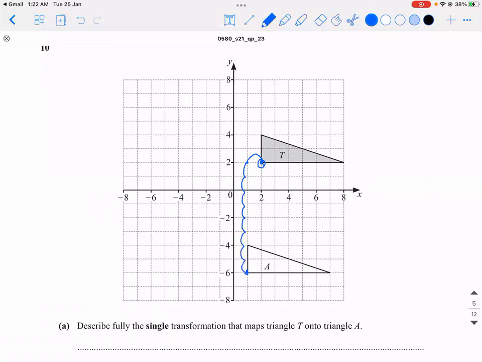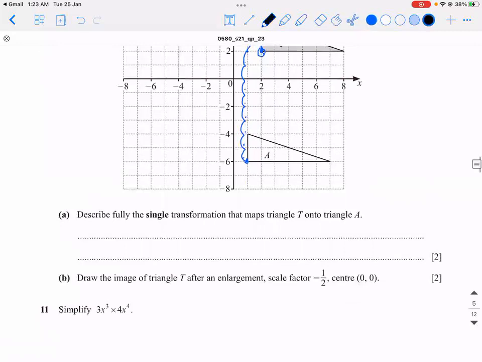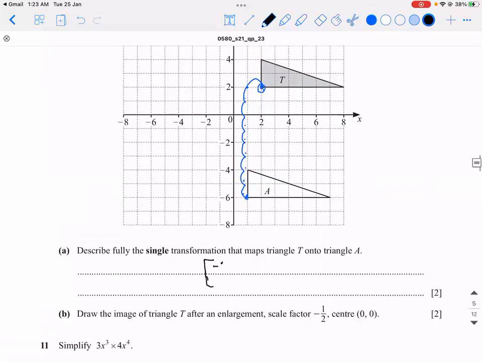Please count it: 1, 2, 3, 4, 5, 6, 7, 8. So 8 units down. Am I correct? So what will be the translation vector or the column vector? First we report the horizontal part. Since it is left, it should be minus. And since it is down 8 units, it should be -8. So the column vector is (-1, -8).